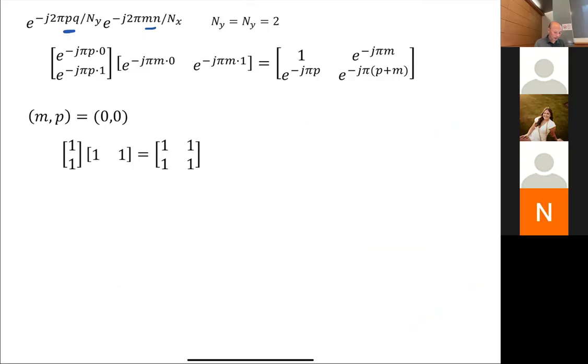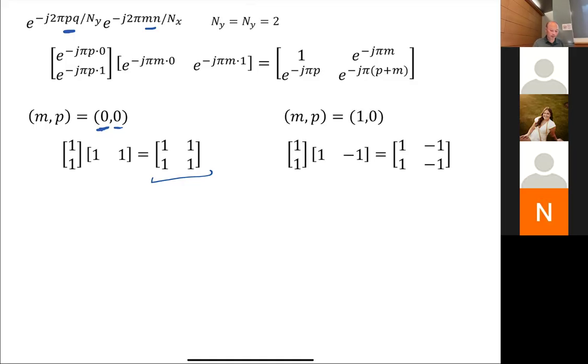They are the frequencies. Okay, so at 0 frequency, if I let M and P be the frequencies, I would end up with 1, 1, 1, 1, and this is my very basic 2x2 image. Okay, so I'm trying to create very basic Fourier basis functions from this, and so this is obviously at the center of K space, right? It's just all ones. Okay.